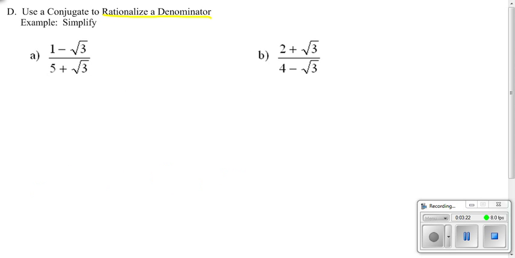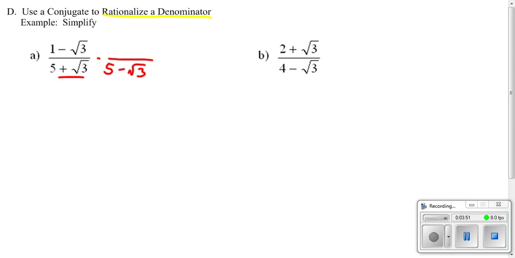So if we wanted to find our conjugate, let's say we had 1 plus square root of 3, our conjugate would be 1 minus the square root of 3. So to check and be sure that this conjugate actually works, let's try it out. So the conjugate of 5 plus square root of 3 is going to be 5 minus the square root of 3.